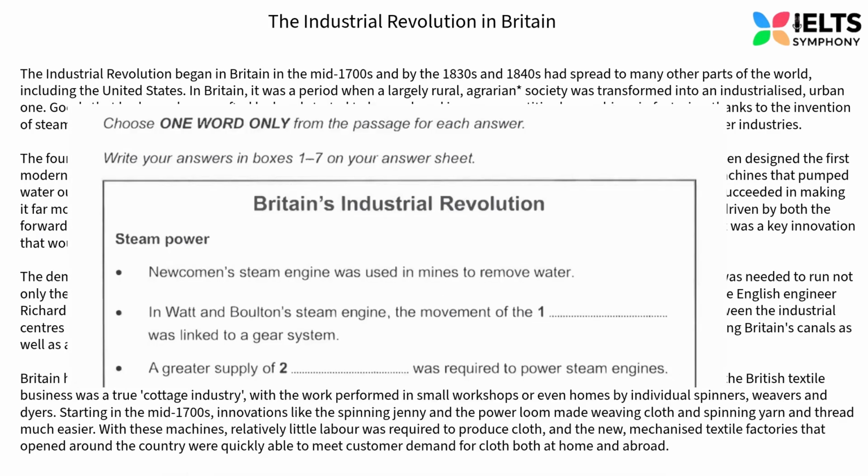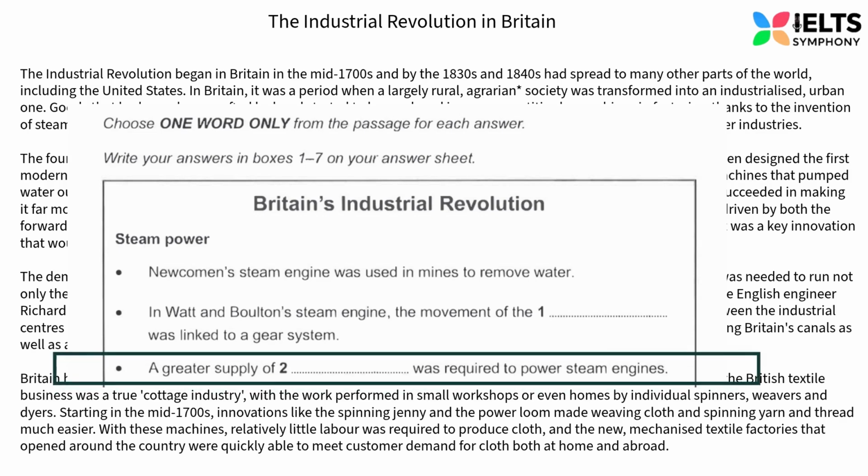Let's move to the next question, and it's still under the steam power section. What's the question really saying? It's telling us that a large amount of something, probably some kind of raw material or fuel, was needed to run these steam engines. Let's move to the passage.